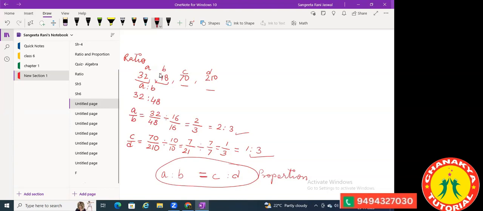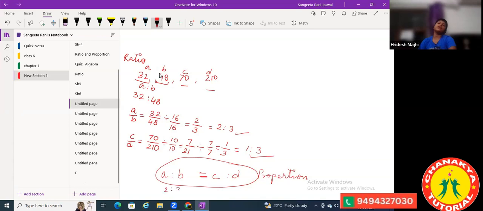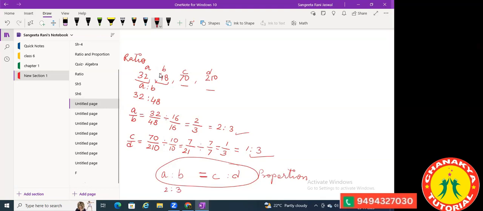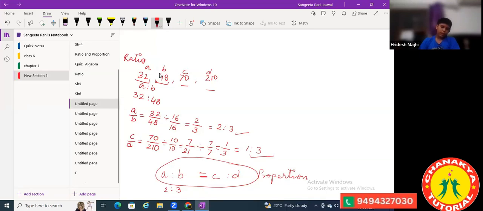Teacher, if 5 numbers are there, what to do?